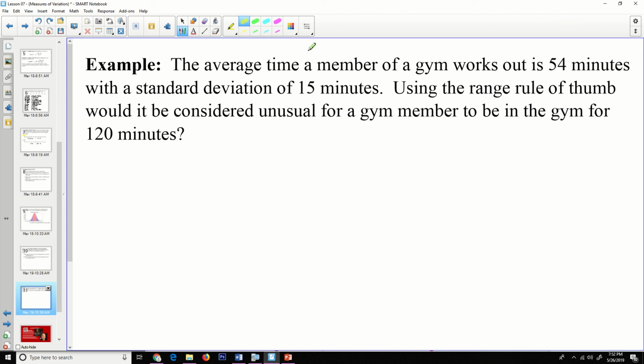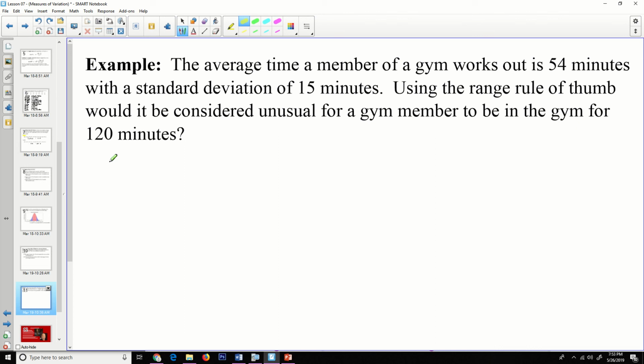The average time a gym member works out is 54 minutes with a standard deviation of 15 minutes. Using the range rule of thumb, would it be considered unusual for a gym member to be in the gym for 120 minutes?